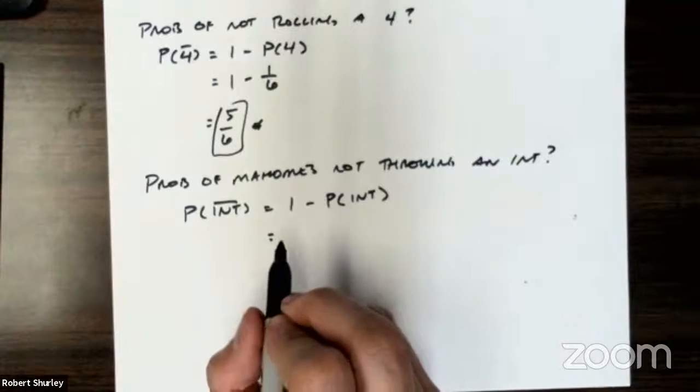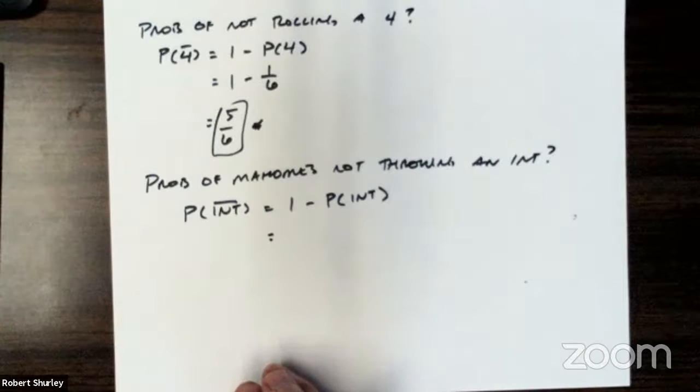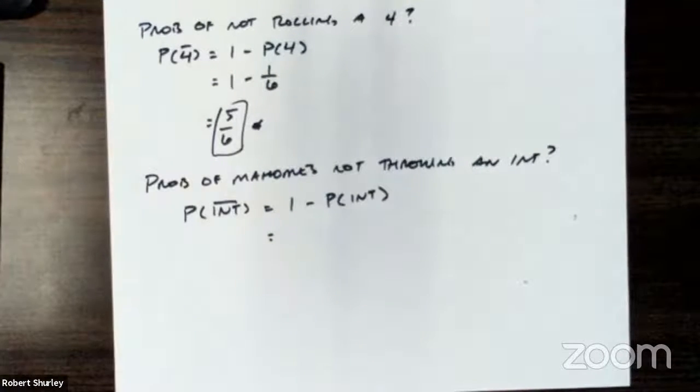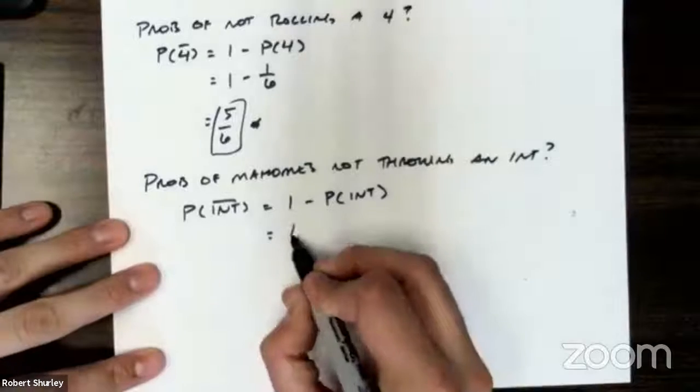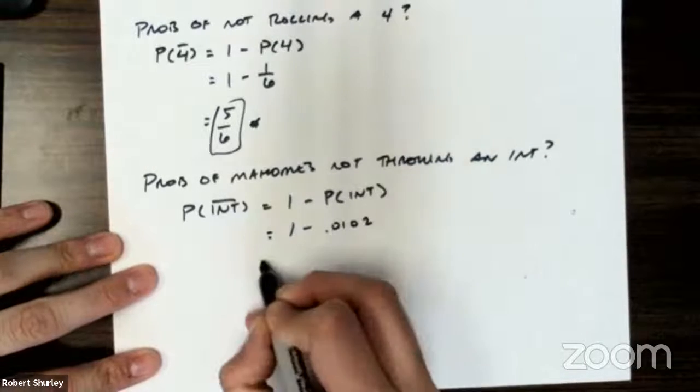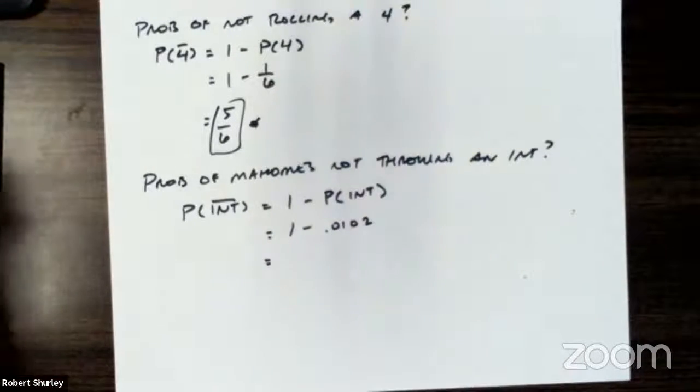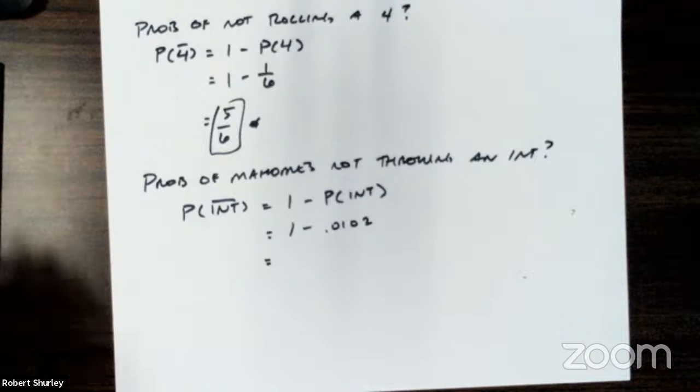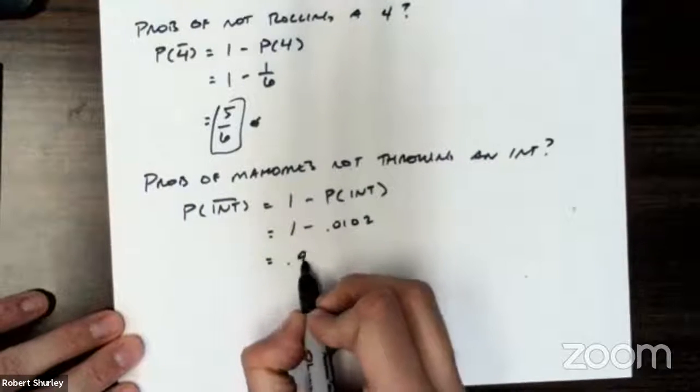Now we found that, I'm going to just use the decimal that we found, over here. It was 0.0102. So that winds up being 0.98 something or another. Clear. 1 minus 0.0102, 0.9898.